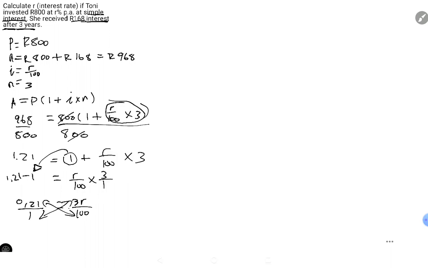So if we cross multiply, the arrow points there, so I'm going to start at the top. So I'm going to have 100 multiplied by 0.21 equals 1 times 3r.